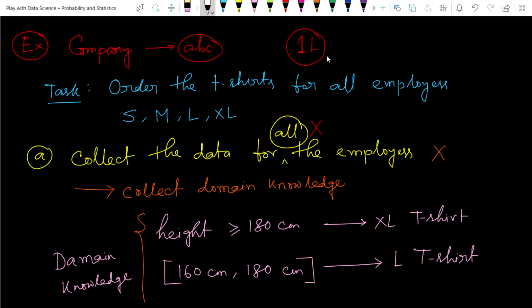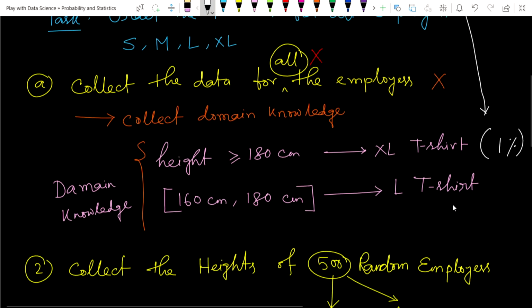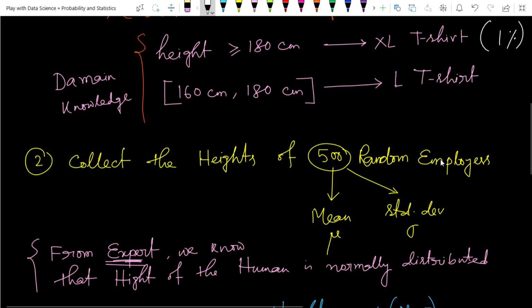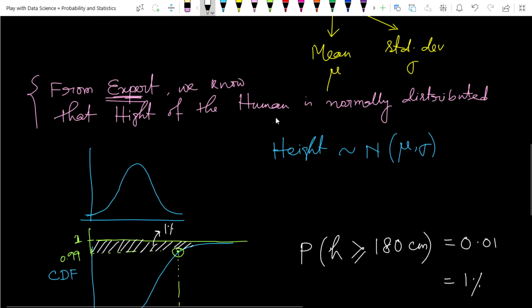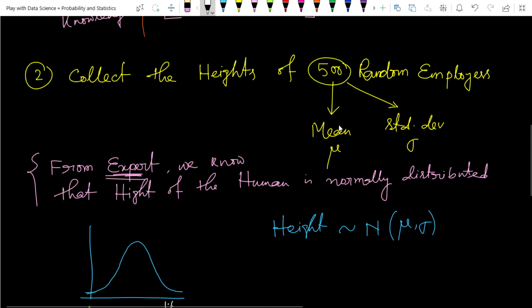We need only 1% of 1 lakh t-shirts, because we got this from the distribution of our randomly sampled data.